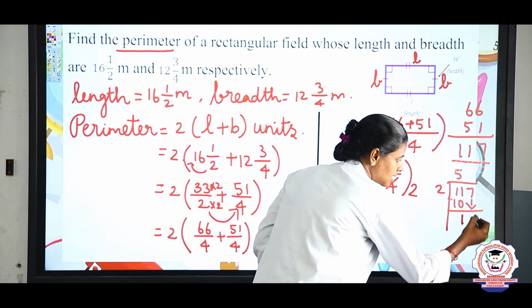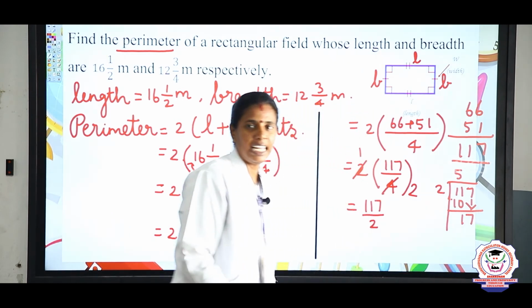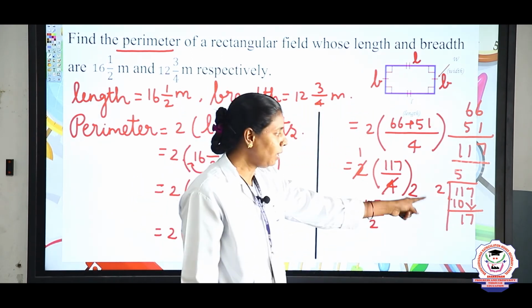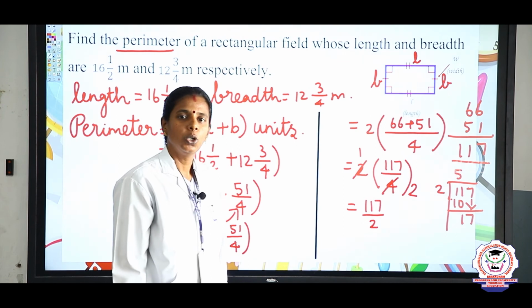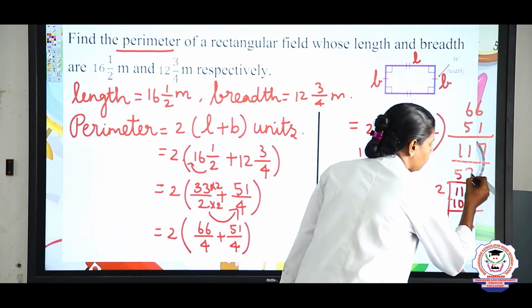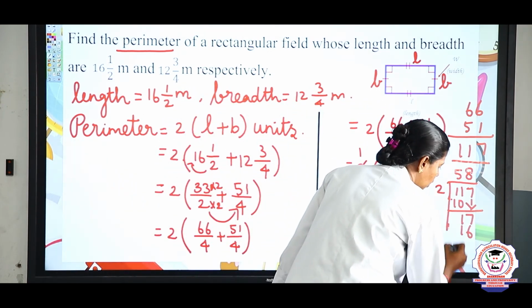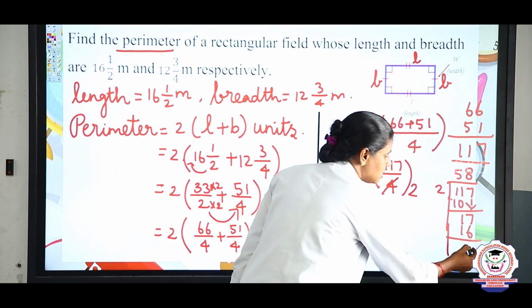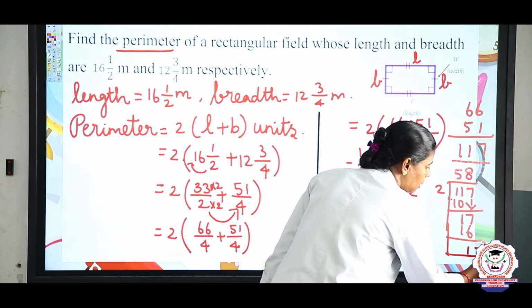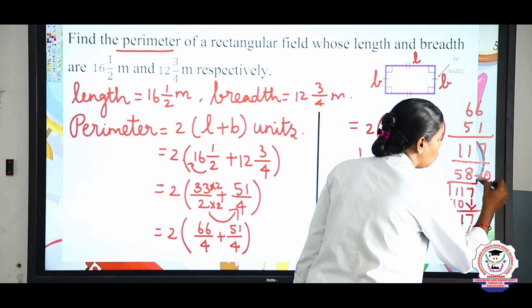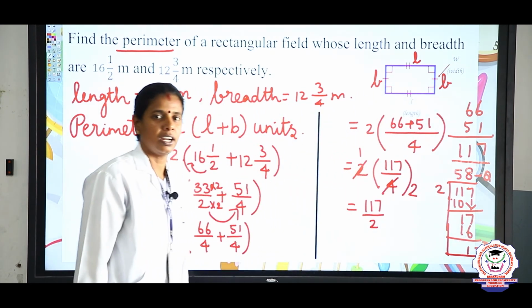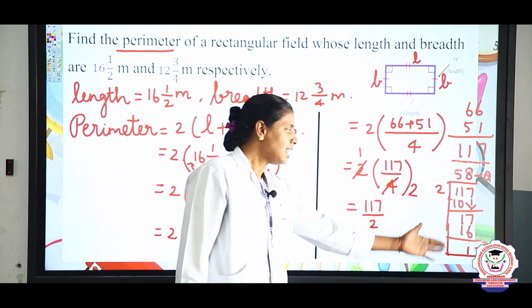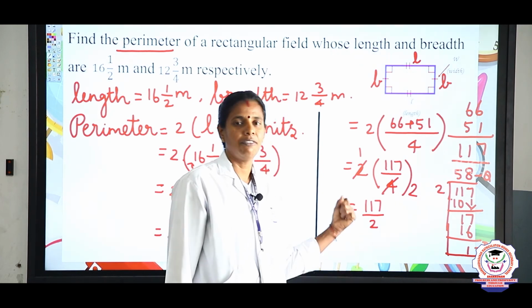The next number is 7. So 17. Okay. See, 17, how many times can you divide it? 2 8s are 16. Very good. Now 17 minus 16 is 1, which is the remainder is 1 and the quotient is 58, children. Okay. Now this answer we can make into a mixed fraction.